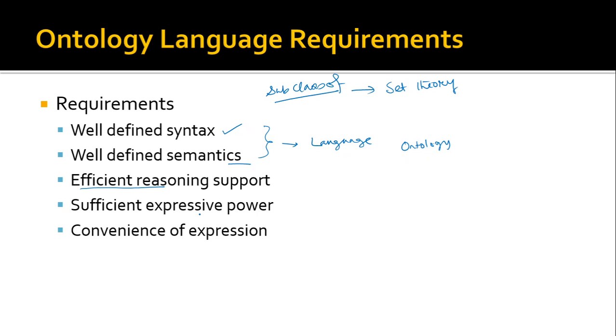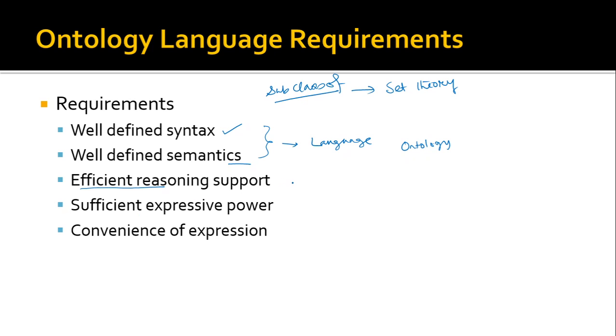And fourthly, your language should have sufficient expressive power, right? If I give you a very complex knowledge requirement, it has to be representable using this language, right? And finally, you have convenience of expression. Is it easy to express something with this language? Now you can see that all these requirements cannot be satisfied fully at a single go.